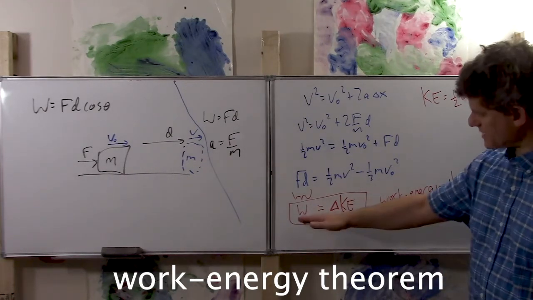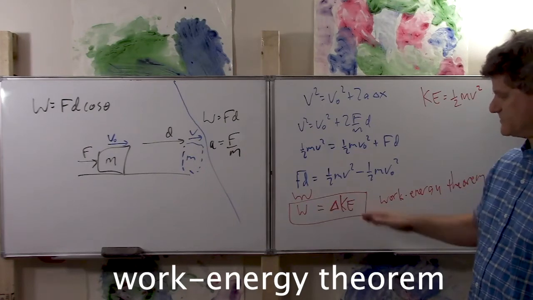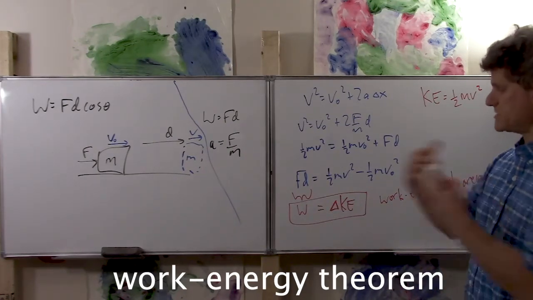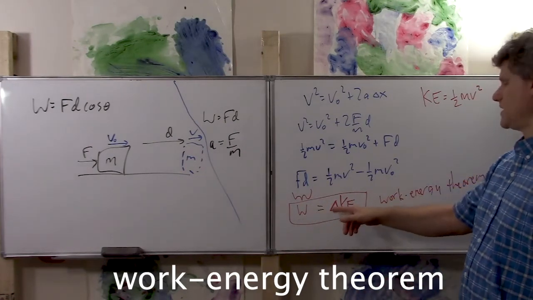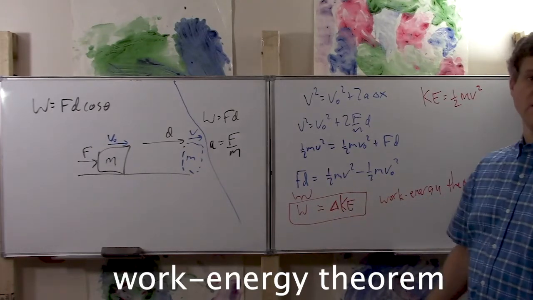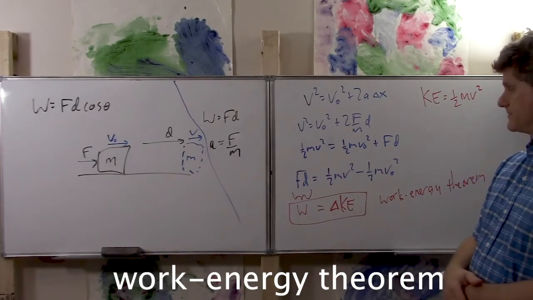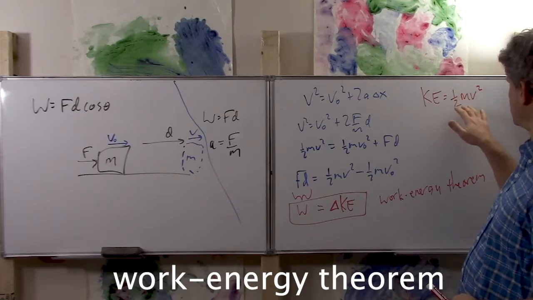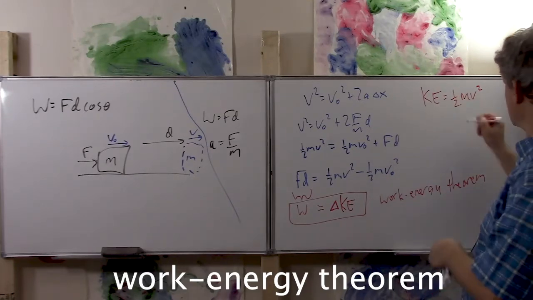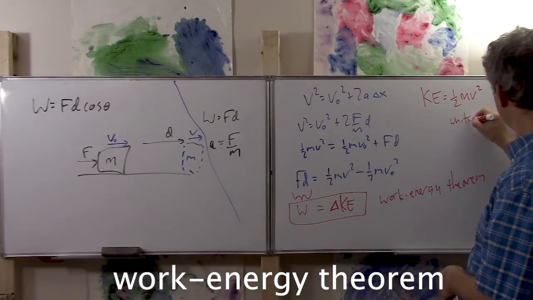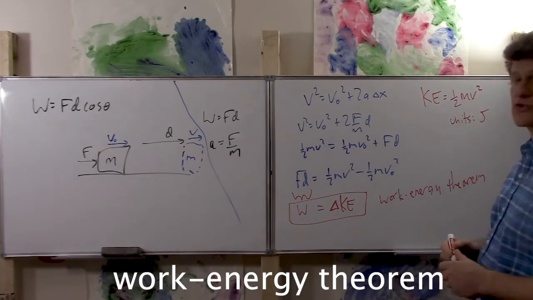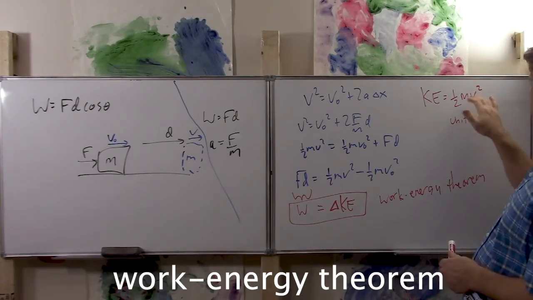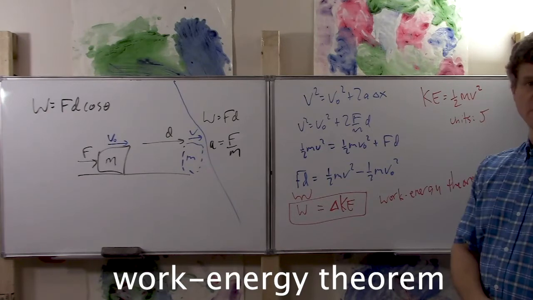So if you think about it, positive work is going to give you a positive delta KE, which means it's going to try to speed things up. And negative work is going to give you a negative delta KE, which means it's going to try to slow things down. So kinetic energy is an energy in the units of joules associated with the mass of the object and the velocity of the object.